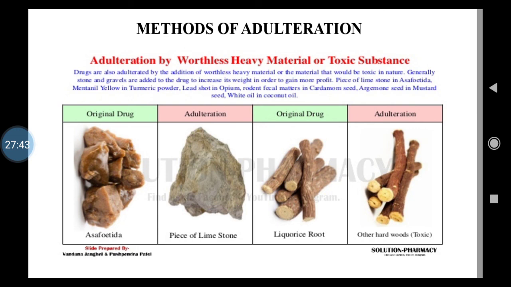The waste material collected from the market is admixed with the drug. Here you can see in this slide the original drug asafoetida, hing, and pieces of limestone are mixed in this asafoetida.